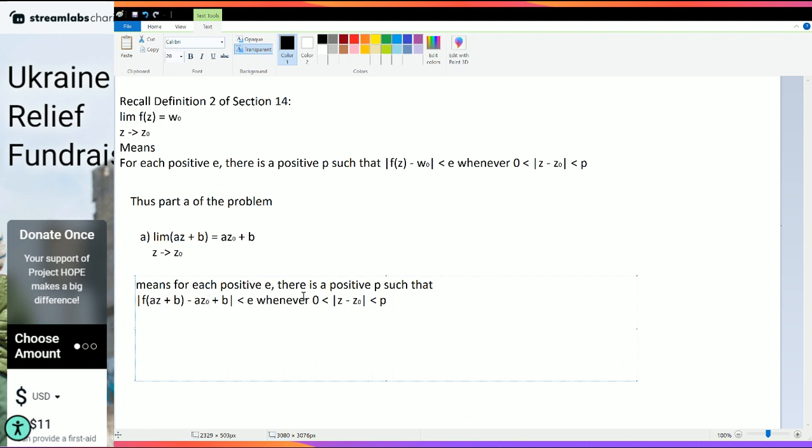Let me double check I wrote the problem down correctly. The limit of az plus b, that should be a complex number, right?